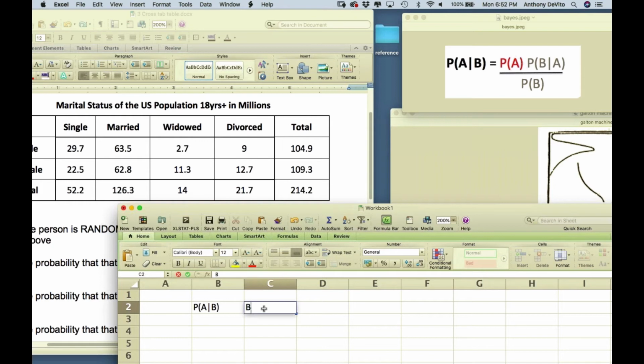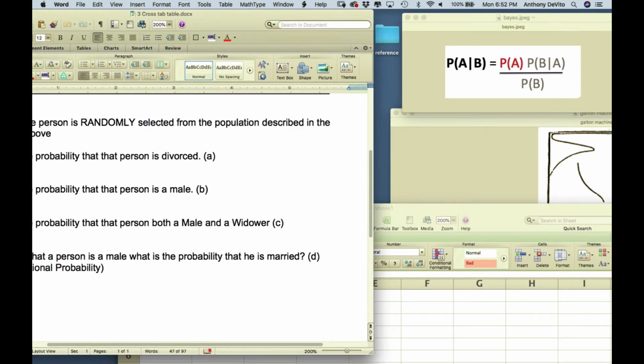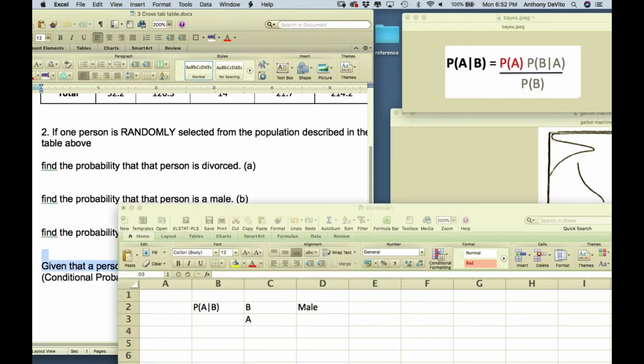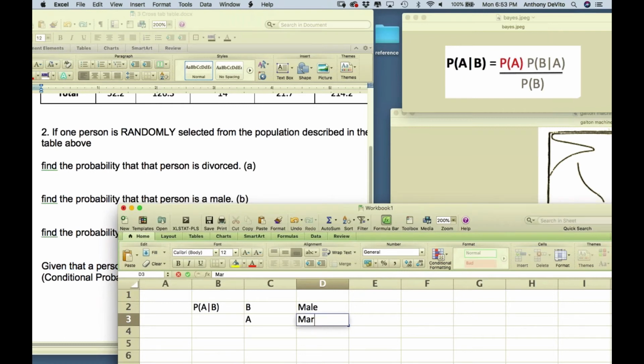Given B, B was that he's male. And A is, given that a person is male, given that condition that already occurred, what's the probability he's married? A is married. That would be probability of being married given that he's male. It's probability of A given B.